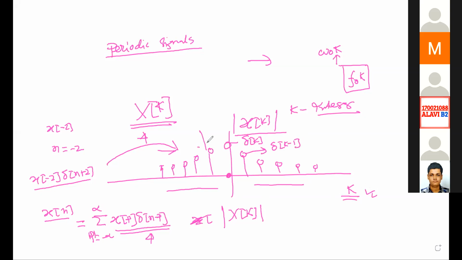This value equal to what? Delta k plus 1. So in this way, that magnitude can also be expressed in this way. Say l equal to minus infinity to infinity. We can write the magnitude of xk, that means xl, into delta k minus l, isn't it?